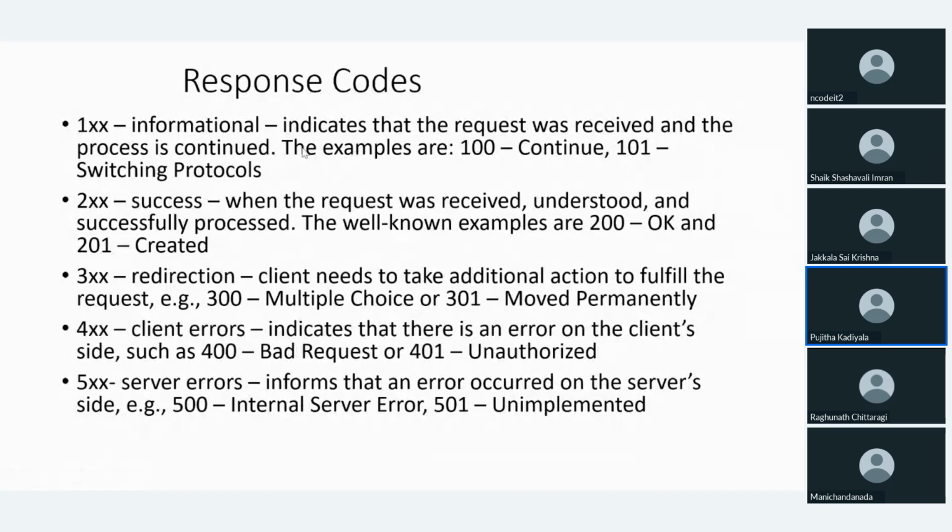When it starts with 2, it says a successful message, and when it is 3, it is saying that your page got redirected to some other page. Let's say they changed that website from that address to another address, then they'll inform you with a 3 response. 4 and 5, the 400 and 500 codes, you all know.